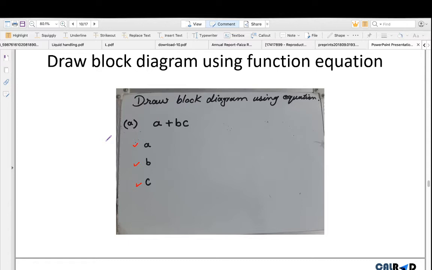And what will the OR gate do? The OR gate gives the sum of both inputs. So there is a sum sign, which means there should be one OR gate. But here there is also the product B into C, so there should be an AND gate also. So let's start drawing this.